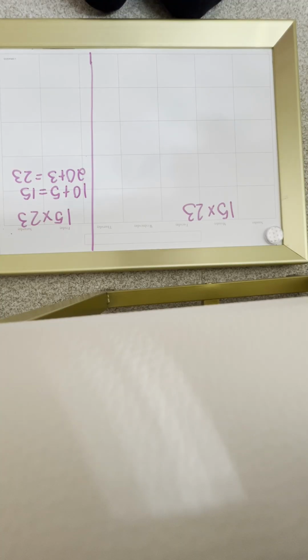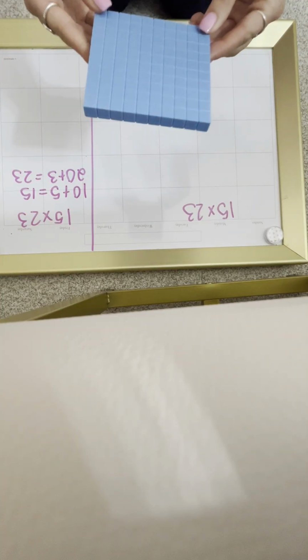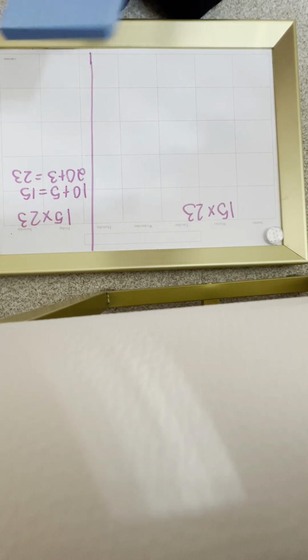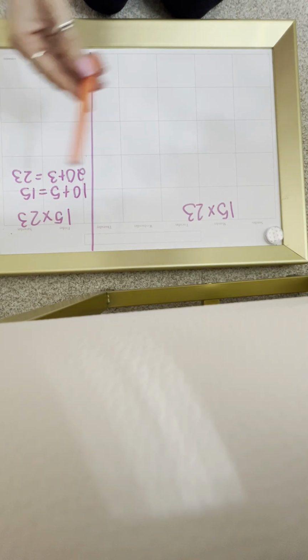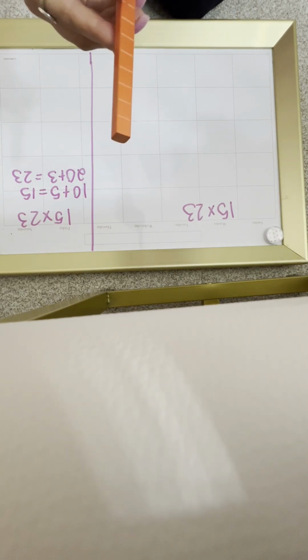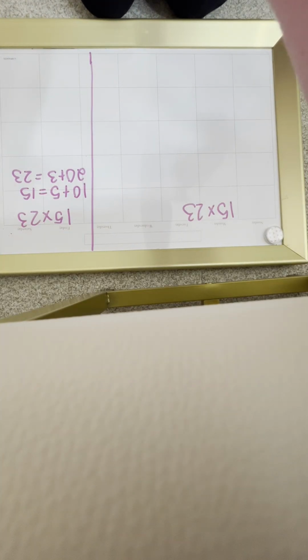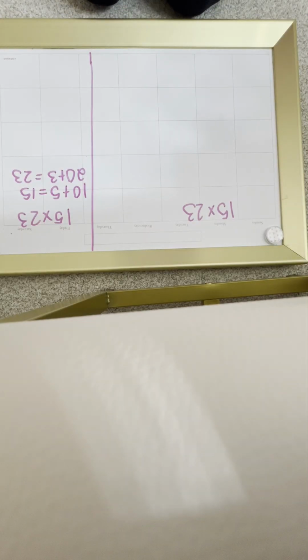Okay, so I'm going to be representing these using our hundreds, which will be this blue flat, and our tens, or our longs, which will be orange, and I'll also be using our unit cubes, which will be yellow. All right, so first we're going to put 10 and 5 across the top.